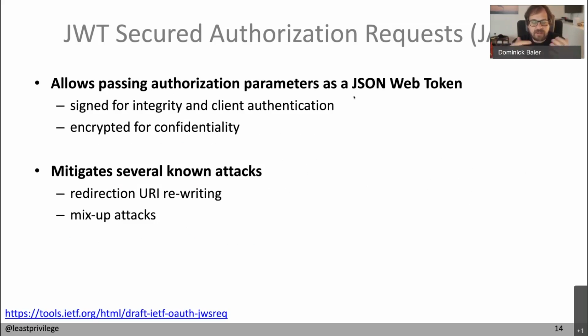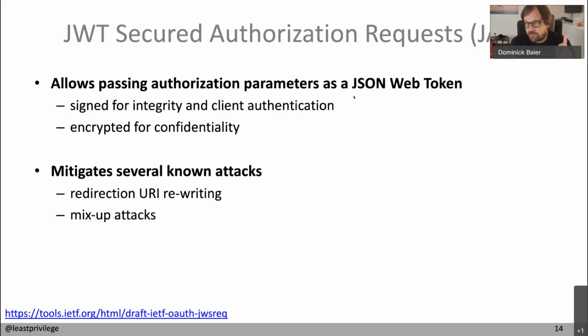The easiest way to sign a piece of data these days is by wrapping it into a JSON object and signing that JSON object, and that is called a JSON Web Token. Which means an attacker could not change the values of the parameters after the JWT has been created.